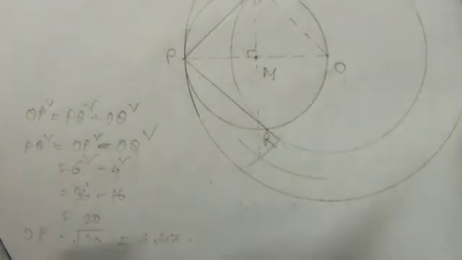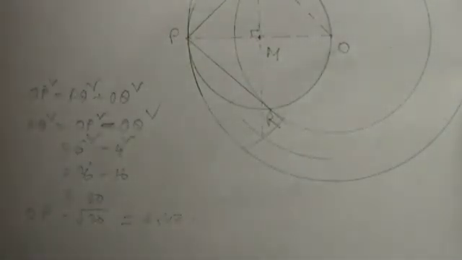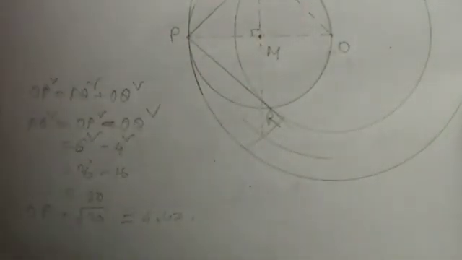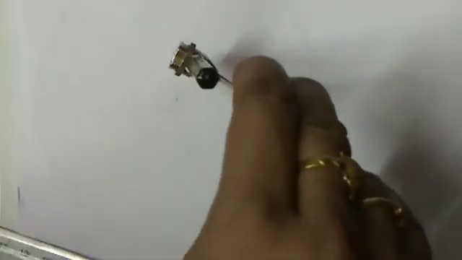Next question: draw tangents from points P and Q on the extended diameter, each at a distance of 7 centimeter from its center. So this time, first you make a circle with 3 centimeter radius.